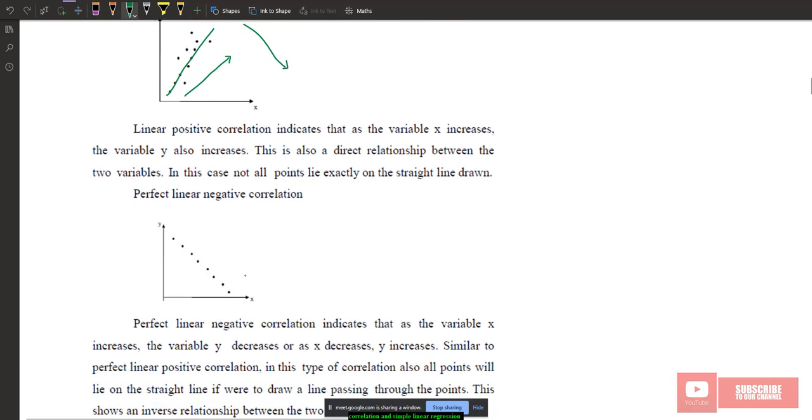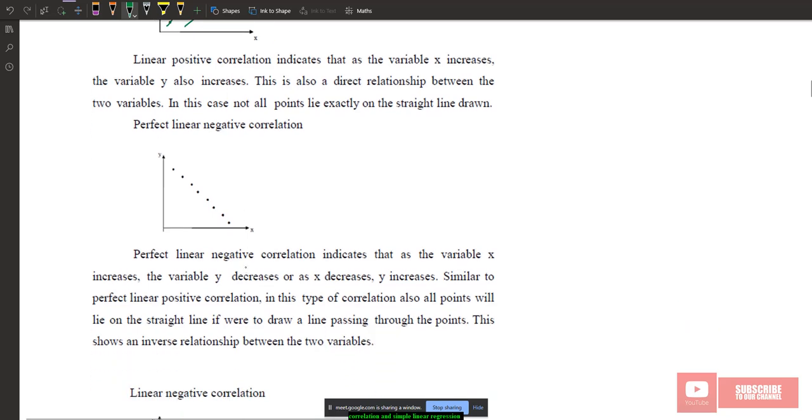So look at another graph. This is another example, when you have a downward trend. The data are aligned in a perfect line, so we say that it has a perfect linear negative correlation.